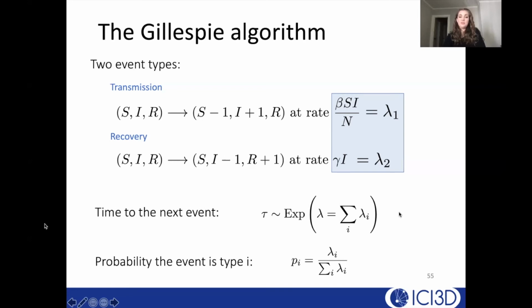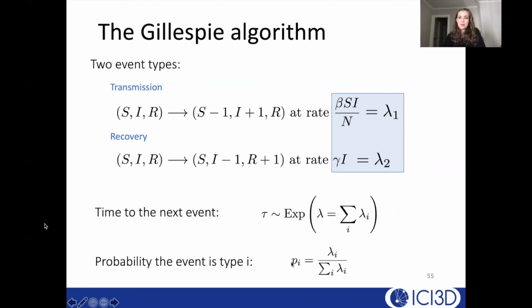And then to find out what type of event happens, we use the probability that the next event is type i. So P i is lambda i over the sum of all of the rates lambda i for all i. And in this case, there are only 2 rates, 1 and 2.